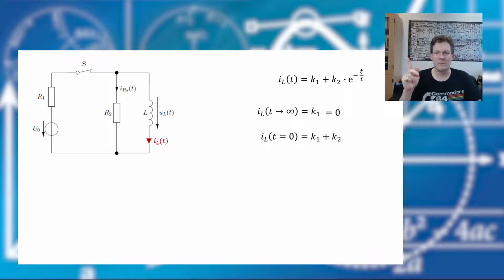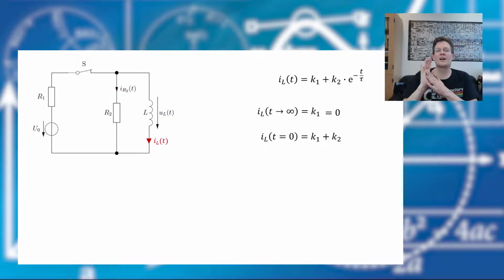Now we look back to our circuit. The current at an inductor can't change its value rapidly. Therefore, in the moment where we open the switch, the current has the same value as before when the switch was still closed.